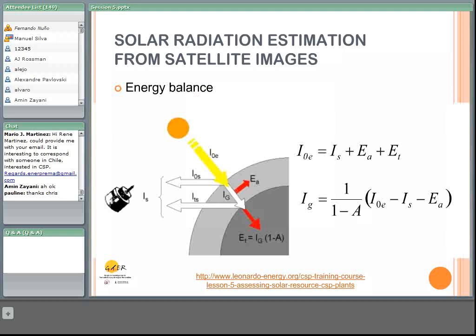The objective is to estimate the global irradiance, and therefore you have to be able to measure or estimate the energy absorbed by the atmosphere, and to measure or estimate the albedo, which is related with the energy absorbed by the Earth. This is the theoretical basis for this type of estimations.